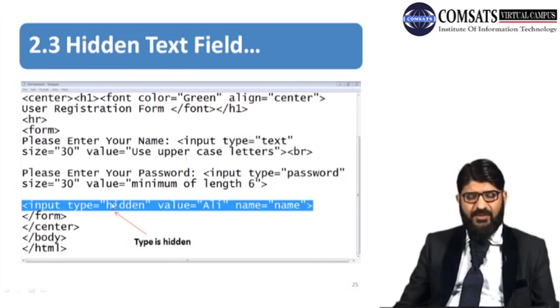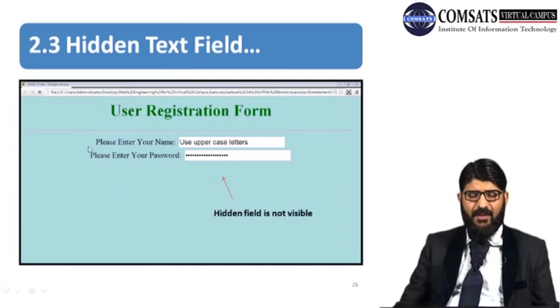If you want to use some form element in your code but you don't want the user to see it, or if you want to hide some particular field from a specific user's perspective, you can use hidden type for that input. So here the user value, that is Ali, is not displayed, it is hidden.